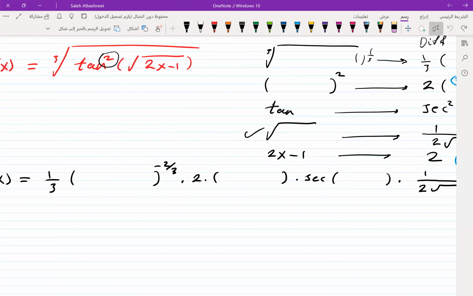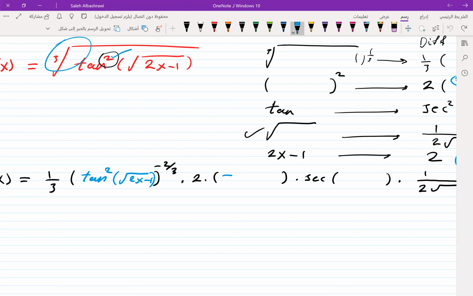Now inside the first one, it is 1/3 to power minus 2 over 3. We differentiate the third root. So the function inside will be as it is, tangent square of square root of 2x minus 1. In the second step, we differentiate the power.